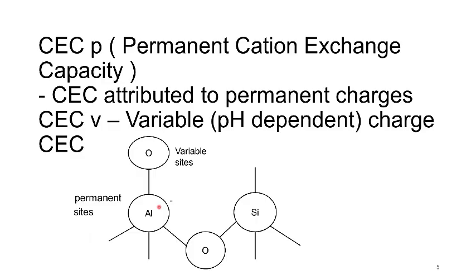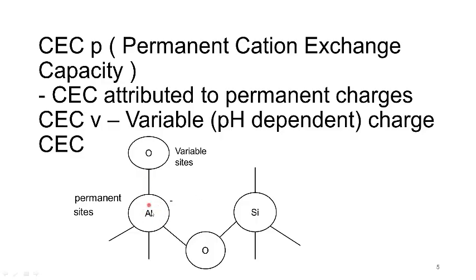Most of the time, a silicon atom is substituted with an aluminium atom, which holds a negative charge because it has +3 now.